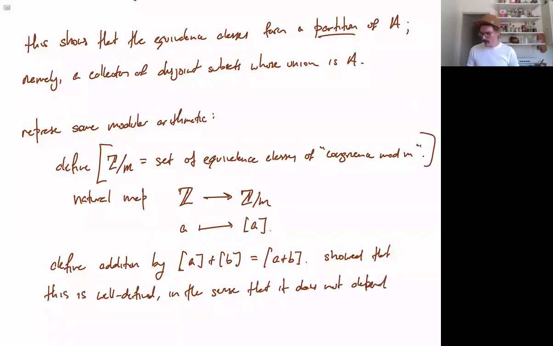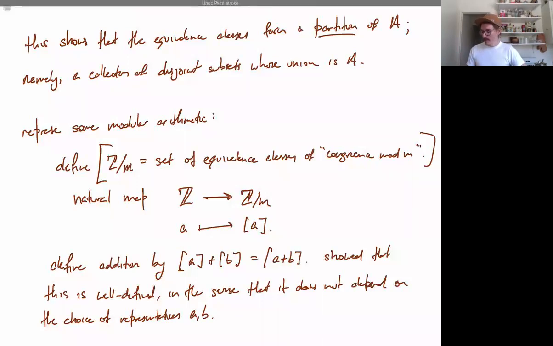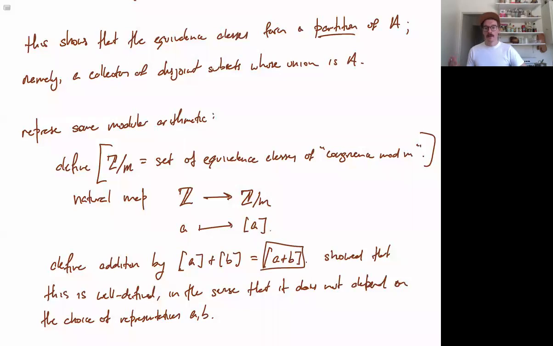In order to make this definition, we had to choose representatives of these equivalence classes. So when we write A plus B, we've chosen representatives of each of these two equivalence classes to add together. So you need to show, which we did essentially before, that it doesn't depend on the choice of representatives. If you choose a different A and a different B, then A plus B might well be different, but the equivalence class of A plus B will remain the same.